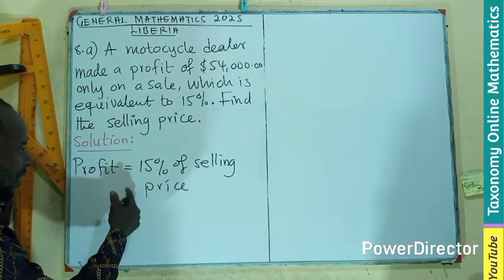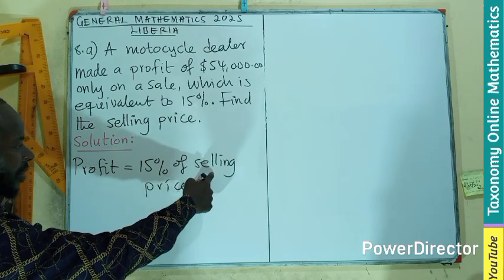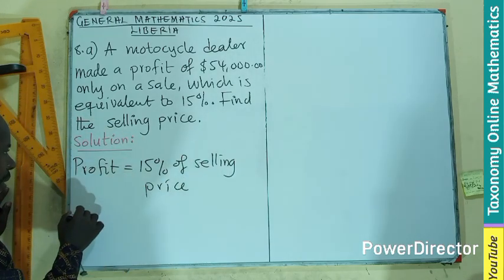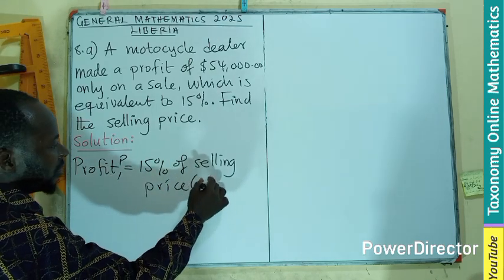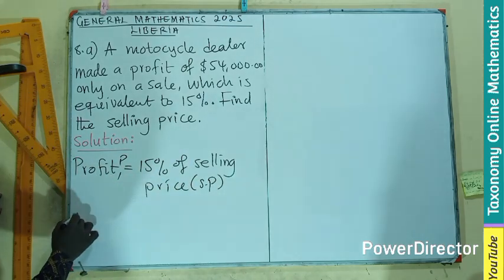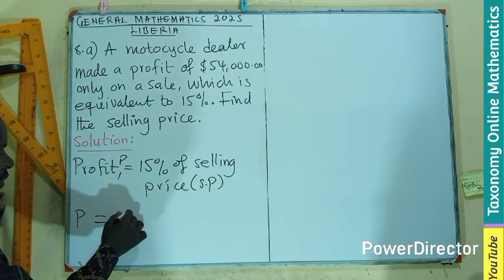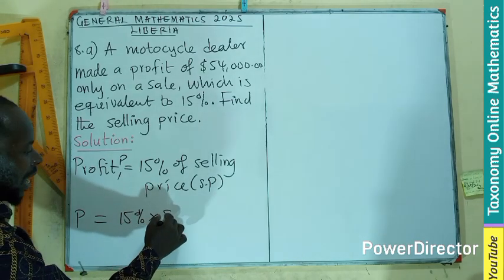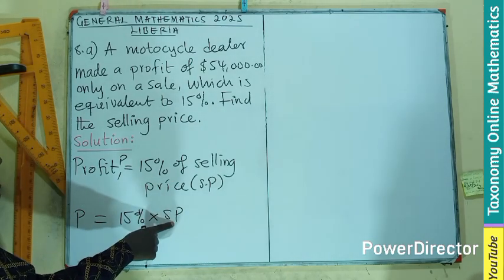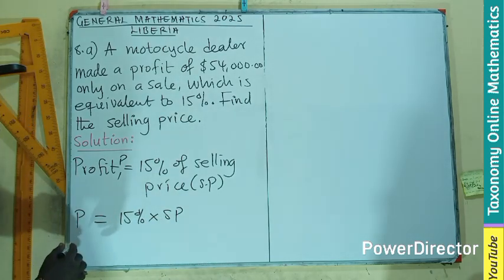So if I'm looking for the selling price, I can say that my profit, let me say P, equals 15% times the selling price, SP. Remember, this is what we're looking for. So we can divide by the 15%.